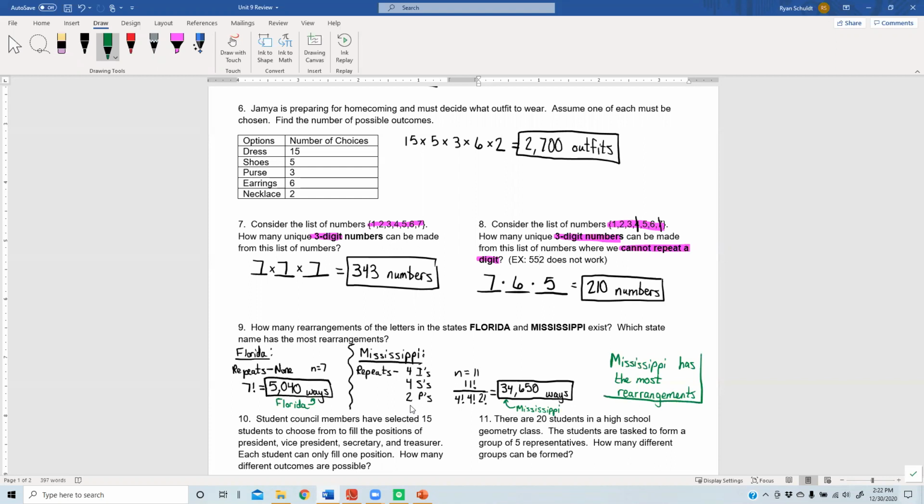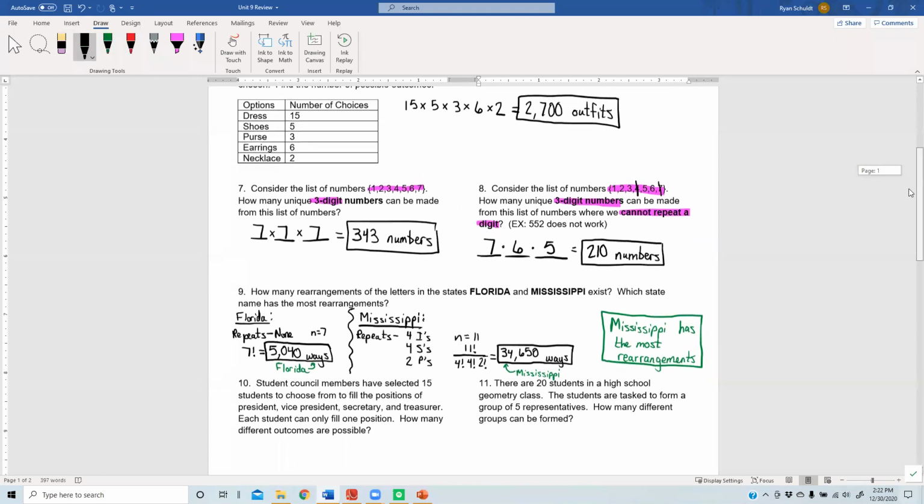So, like I said, there's 3 parts to this answer. We had to get Florida's, we had to get Mississippi's, and then we had to say who had the most. And we did that. Because we're good like that. There's number 9.